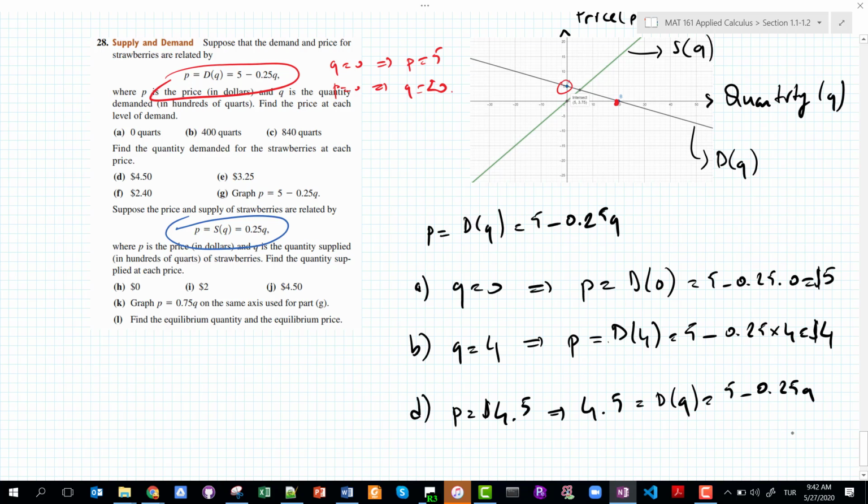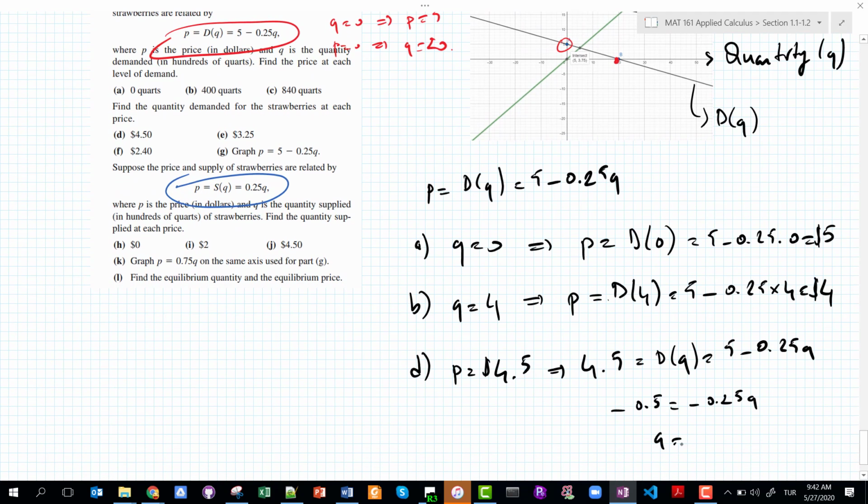If you solve this linear equation, as we have seen in the reference section, moving the 5 to the other side, it's going to be negative 0.5 equal to negative 0.25Q. So Q is going to be equal to 2. Since it is given in hundreds, that's going to be 200 quarts.